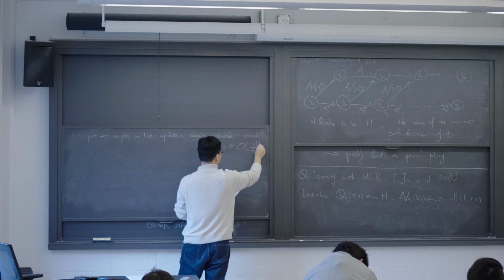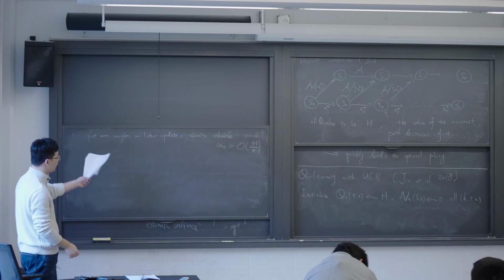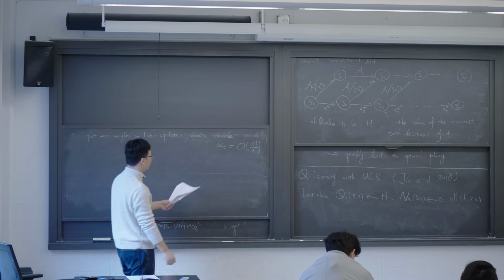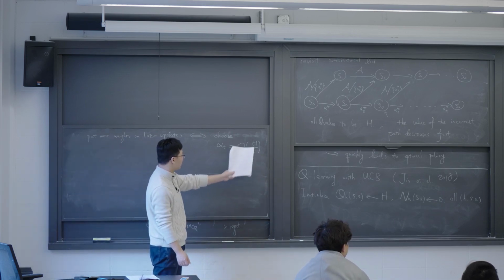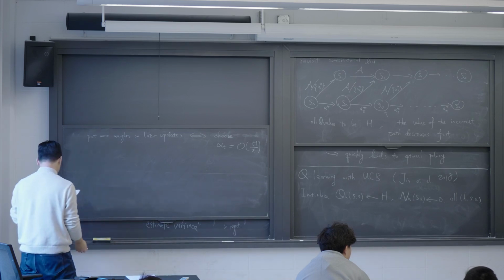We noted that if it's chosen as 1 over t, this is exactly equal to a uniform average. Now I'm choosing it greater than 1 over t, so that means I put more weight on the later updates than the previous updates.